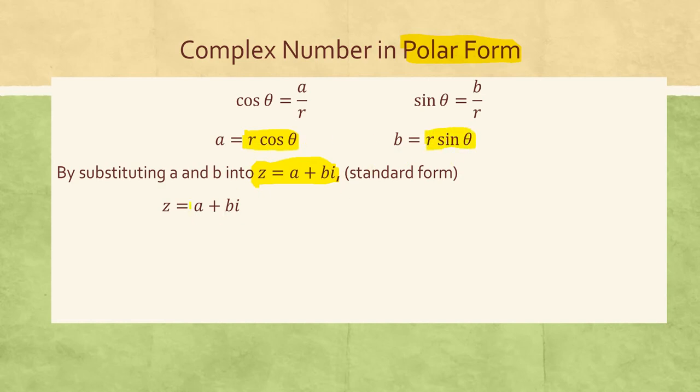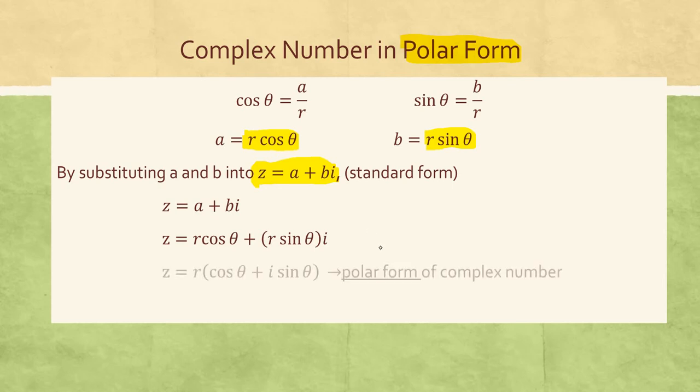So put them inside our Z equals A plus Bi. A is R cos theta, B is R sin theta, i still i. Next you see that the first term has R, the second term also has R. The only thing similar in the first and second term is R. So I take out the R. What's left is, in brackets, cos theta plus i sin theta.